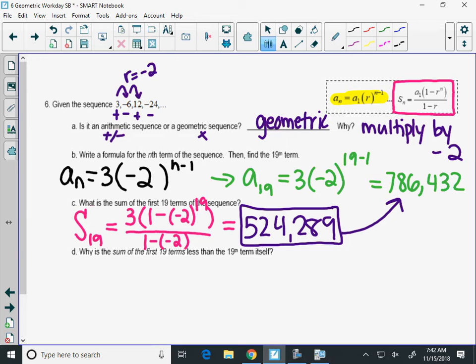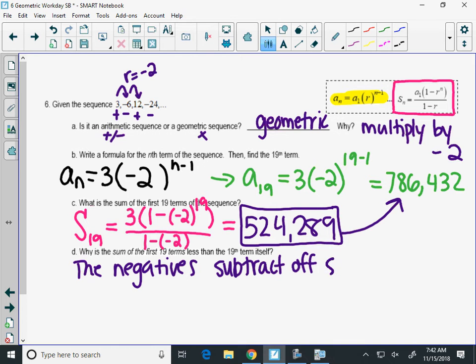And it turns out that the negatives just kind of subtract off a lot of value from your sequence. So instead of getting as large of a number as you think you're going to, those big negatives start to take away as you add up.